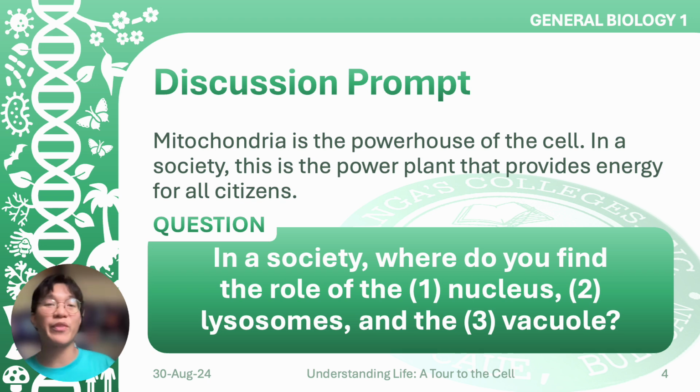So, for example, the mitochondria is the powerhouse of the cell. In a society, this is a power plant, the power plant that provides energy for all its citizens. So, in the case of the mitochondria, it breaks down the molecules of sugars so that you can release energy from the bonds that you broke. Okay? So in that case, it's like fuel, right? And fuel works the same in a power plant.